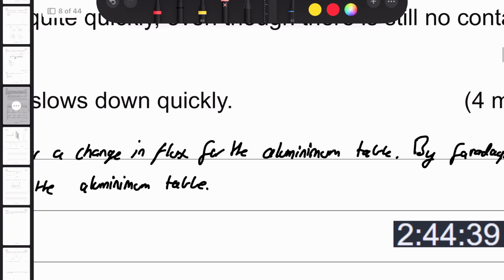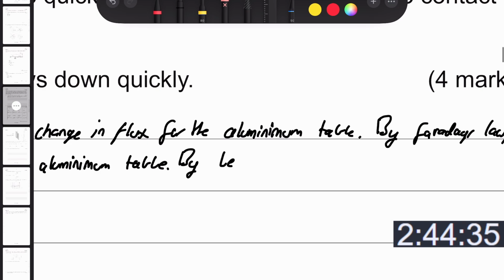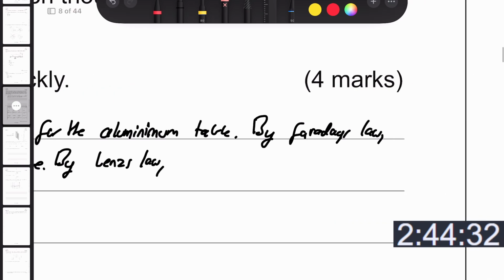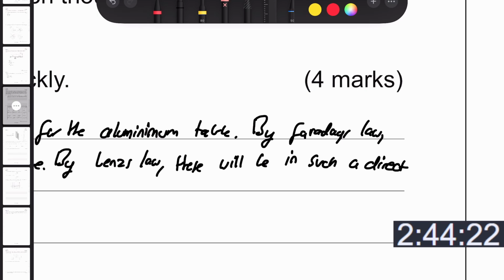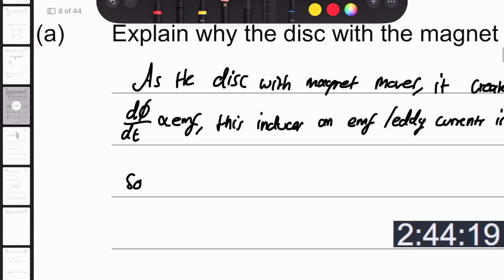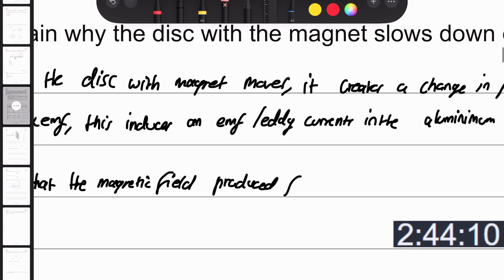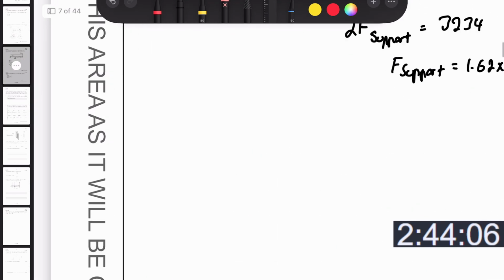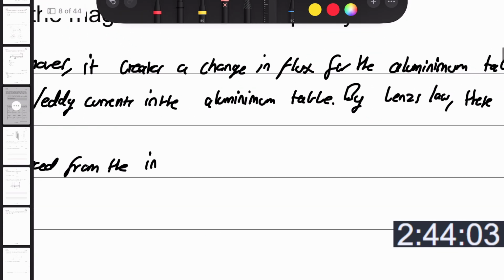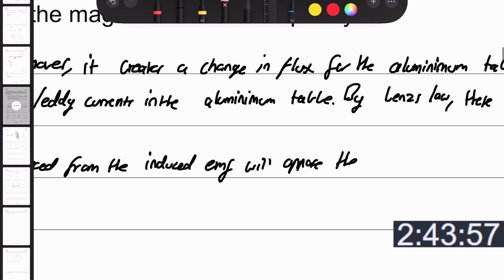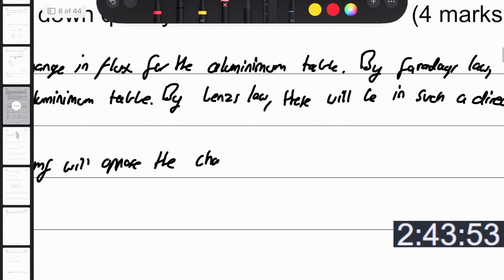And we can say by Lenz's law, these will be in such a direction so that the magnetic field produced from the induced EMF will oppose the change in flux that created it.